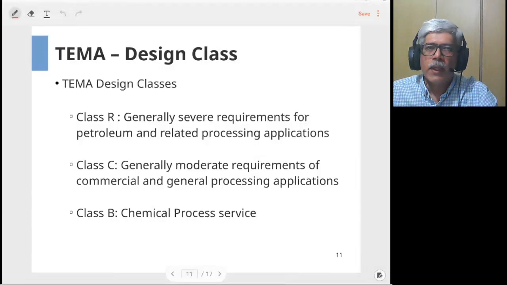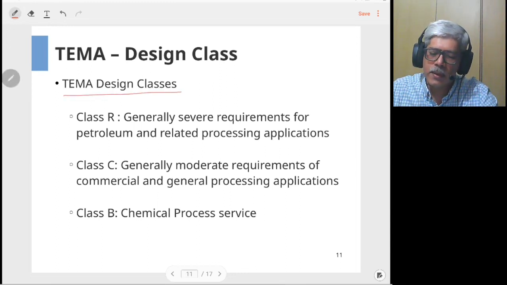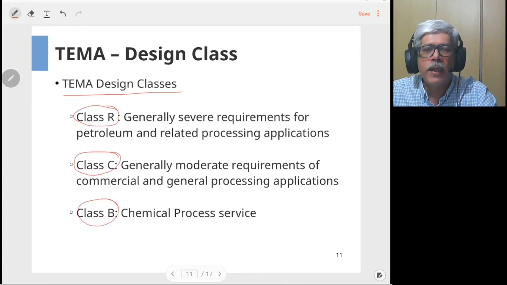While you are designing a heat exchanger, another parameter which is to be known is the TEMA design class. TEMA defines three classes of design: class R, class C, and class B. Depending on the severity of your service, the class would be defined, and the different rules and regulations of TEMA are different for each of these classes.